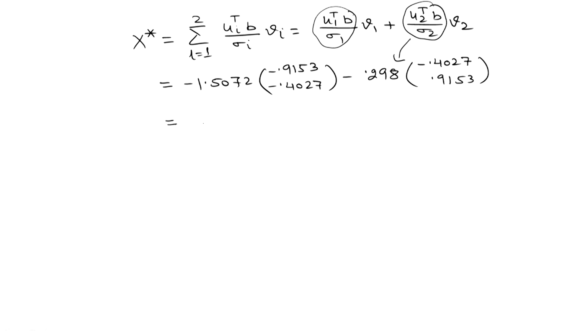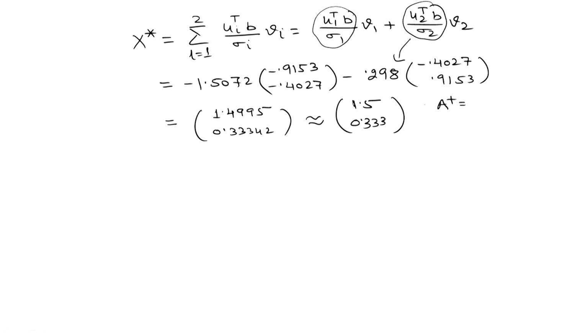So, if I do it, it comes out to be 1.4995 and then 0.33342, which is the same as 1.5 and 0.333, which we obtained earlier with x equals to A plus into b.